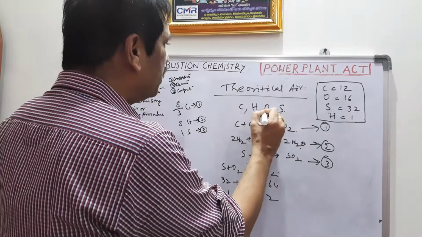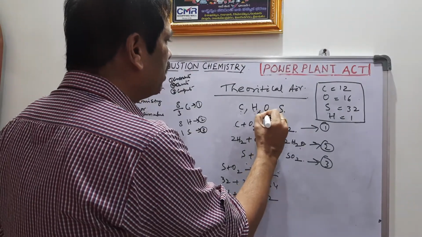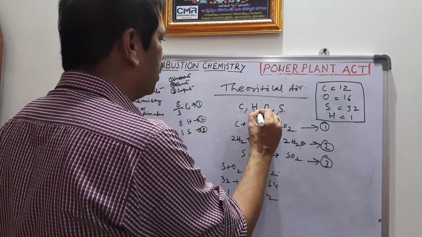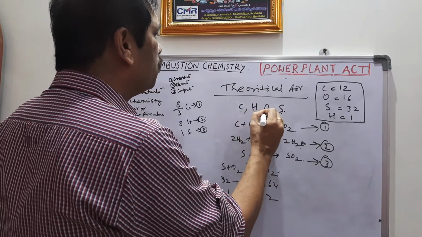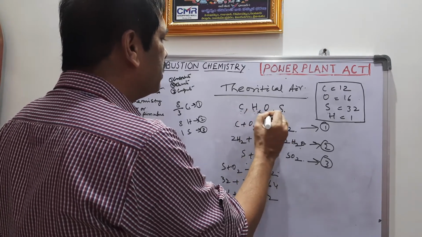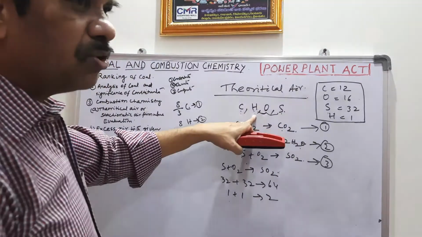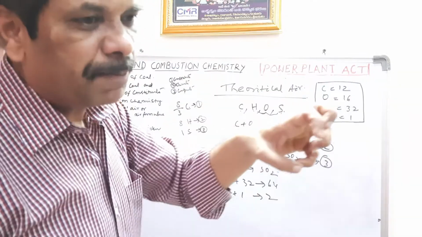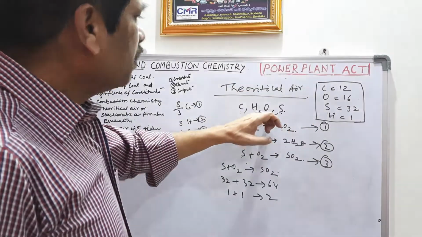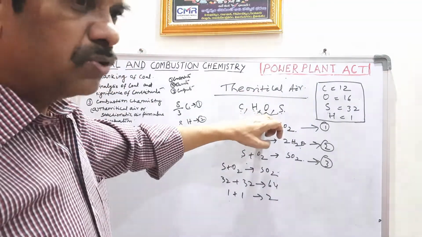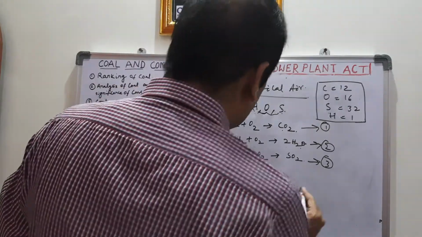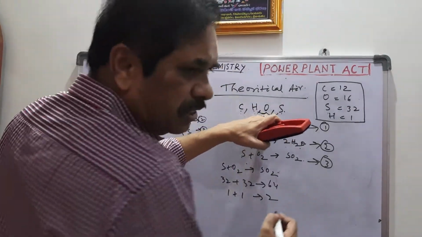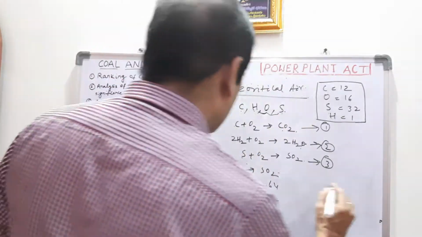So this oxygen is utilized for combustion also. This oxygen is used for CO2, sulfur dioxide and hydrogen also. Apart from that, whatever oxygen you are supplying externally is also being used. So what happens? You have to deduct this oxygen present in the coal. Okay.